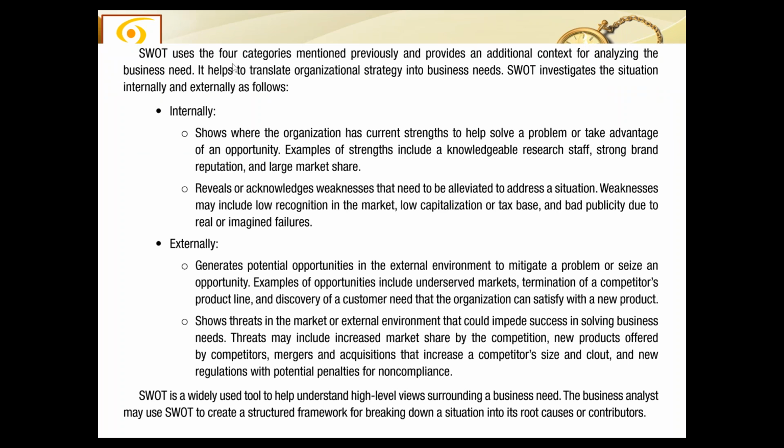As I said, the 4 categories: the strengths and weaknesses are internal to the organization and in control of the organization. But the problem here is that we are sometimes unaware of our strengths, and we are also sometimes unaware of our weaknesses.